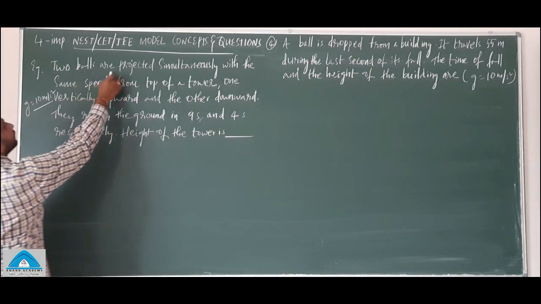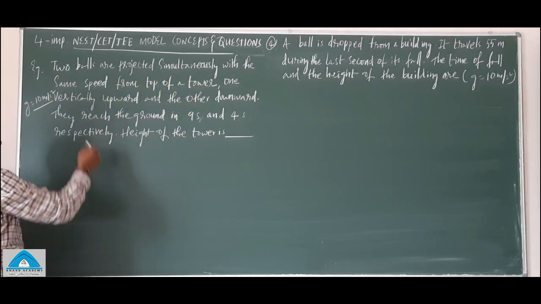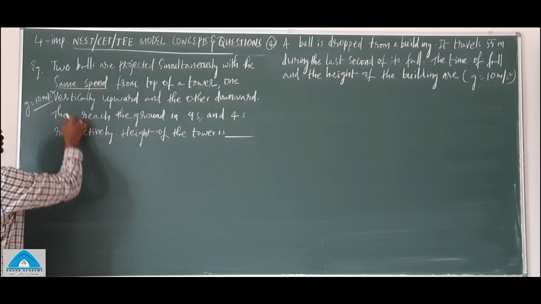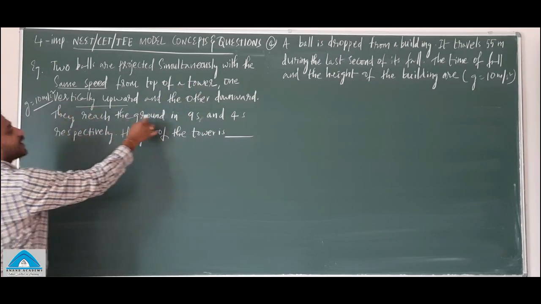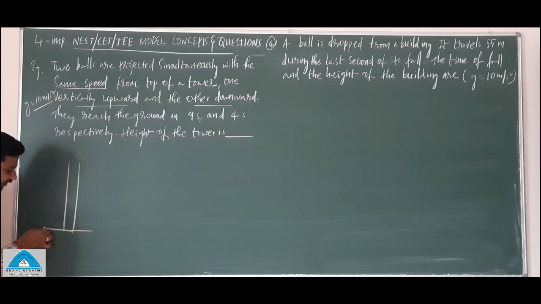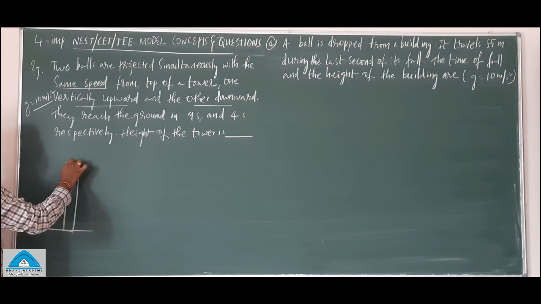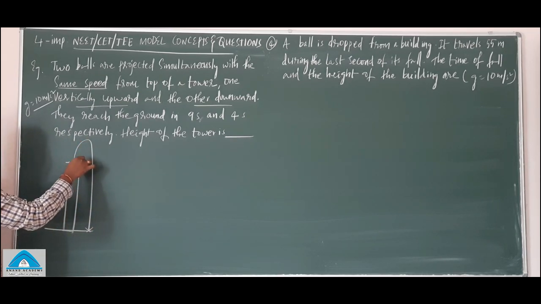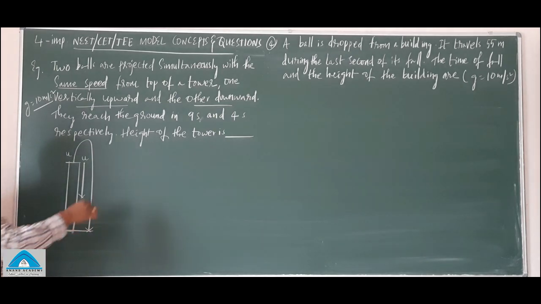Two balls are projected simultaneously with the same speed from the top of a tower. One is vertically upward, the other one is vertically downward. Let me draw a rough diagram here. This is the top of a tower. A body is vertically thrown up, another body is vertically thrown down, with the same speed, this is u and this is also u.